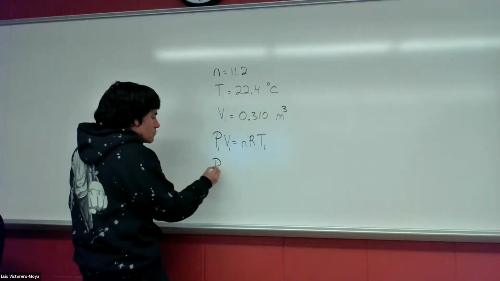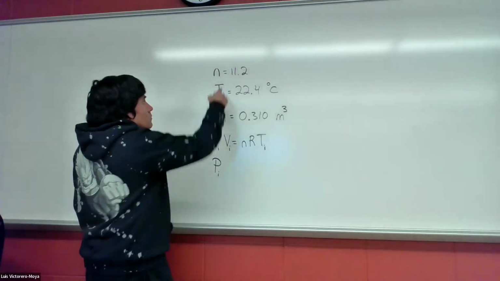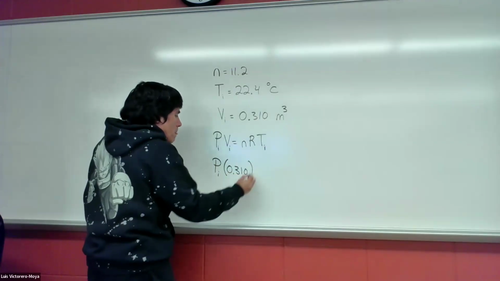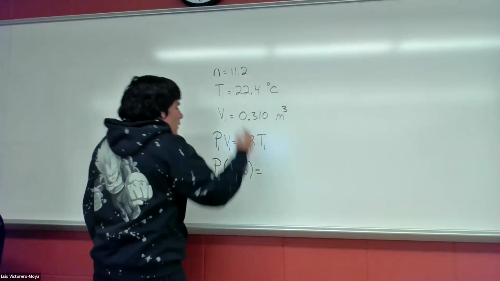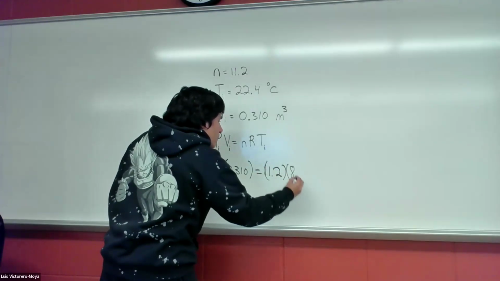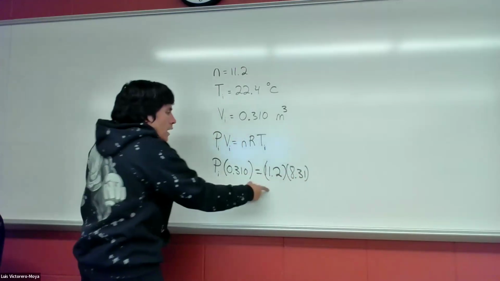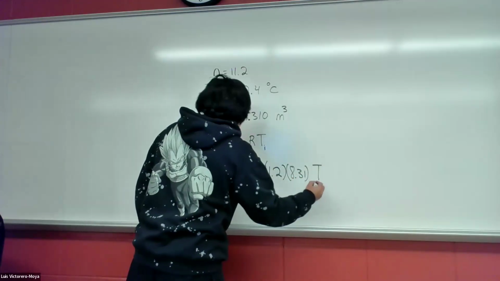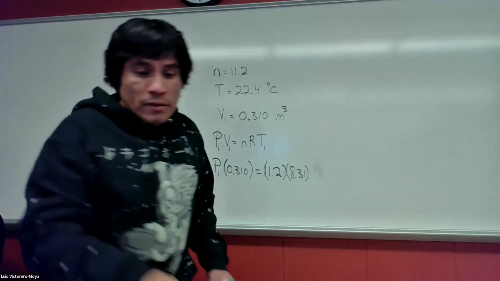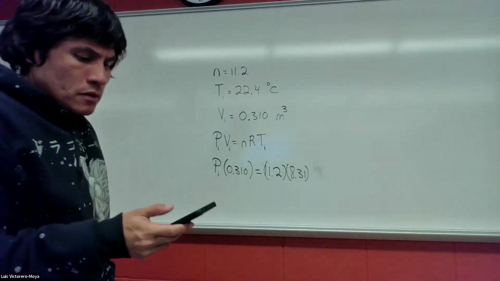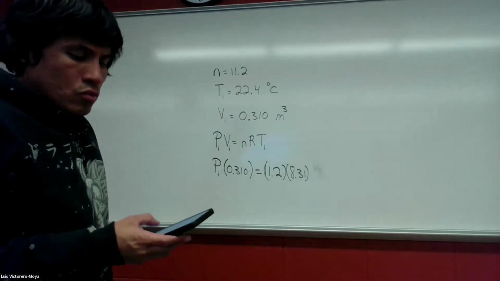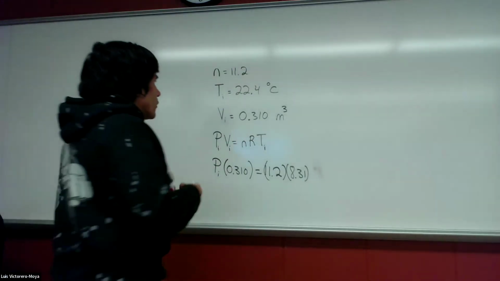The pressure times the volume, which is in meter cubes, that's fine, equals 11.2 times 8.31, nR, and temperature is 22.4 plus 273, so 295.4.